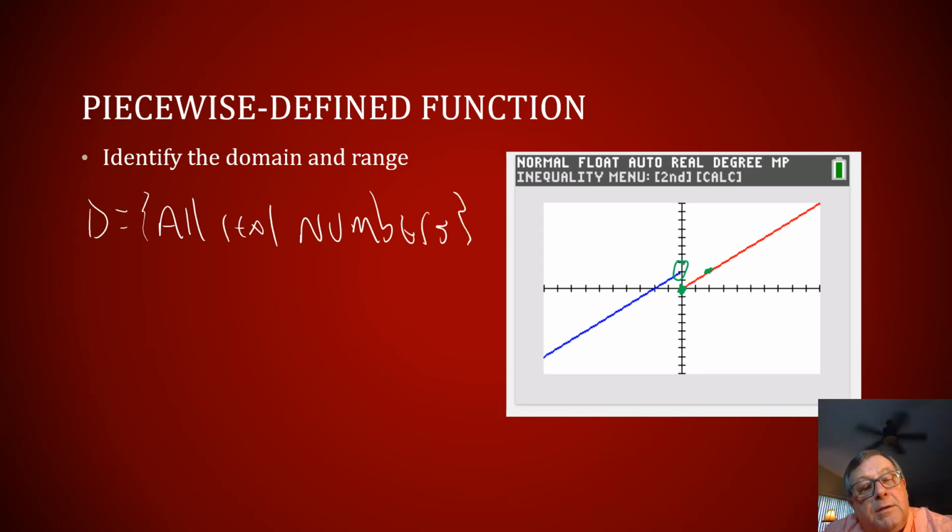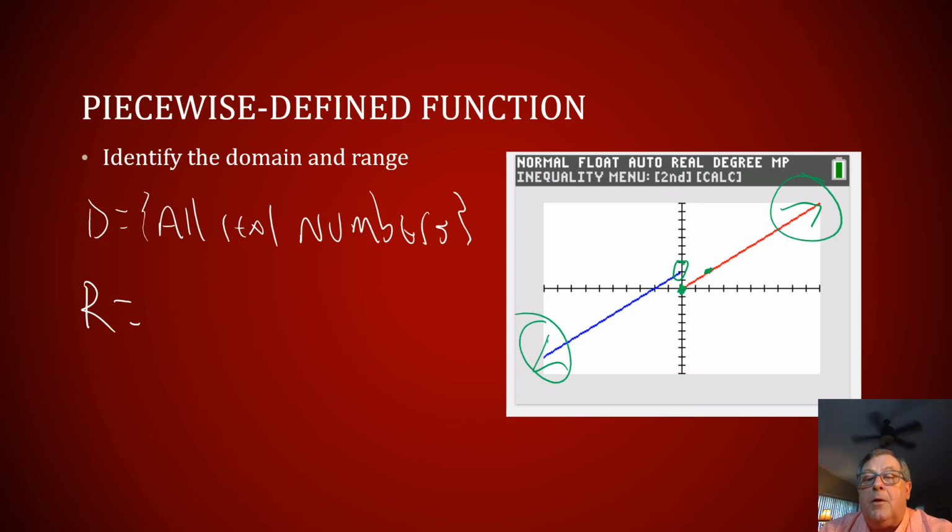Now, what about the range? Well, it looks like as y is moving in the negative direction down the vertical axis, it looks like it's headed out to negative infinity down here, and positive infinity up here.